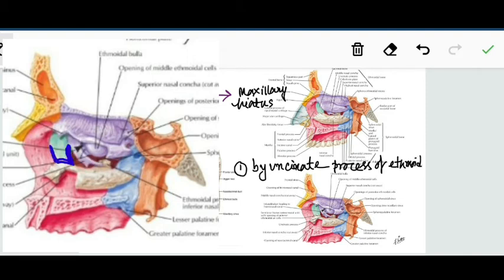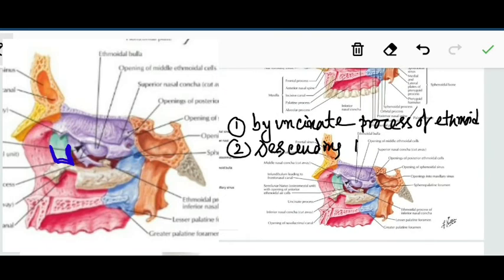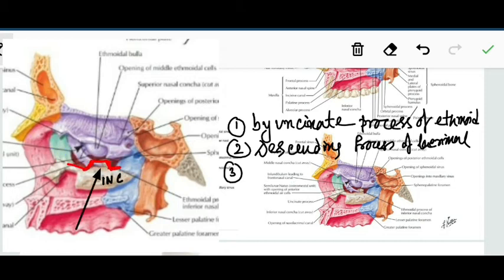Number 2, descending process of lacrimal. Number 3, ethmoidal process of inferior nasal concha.